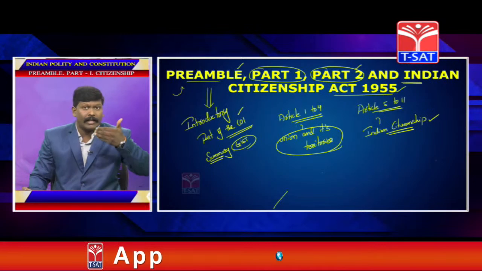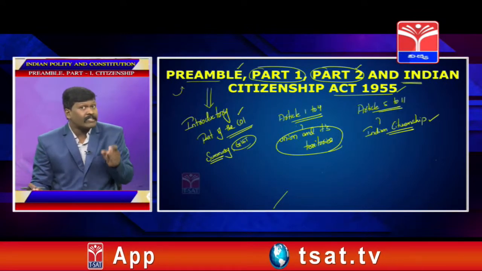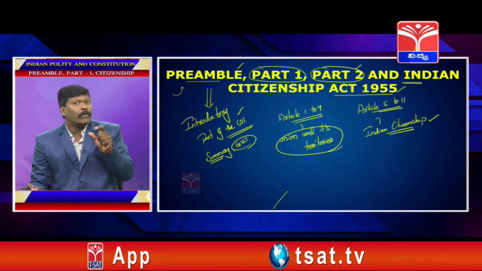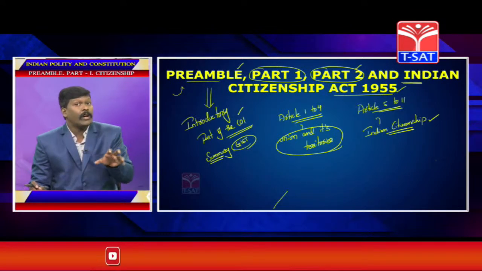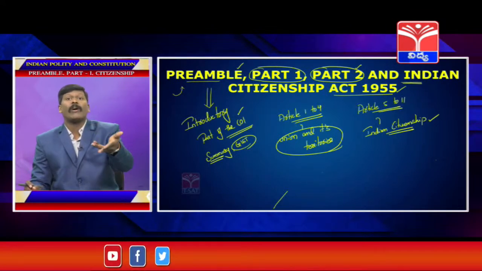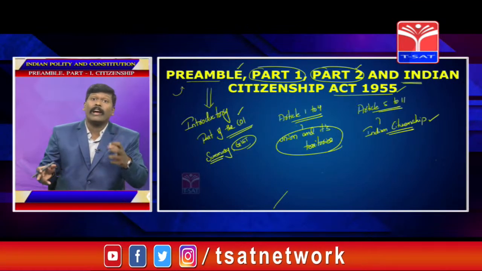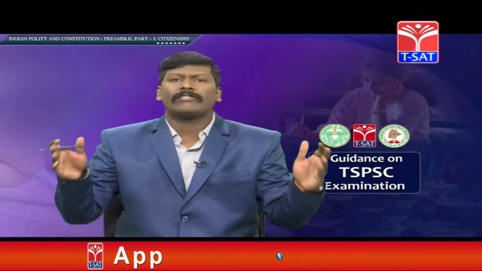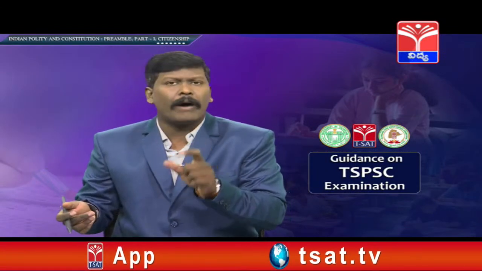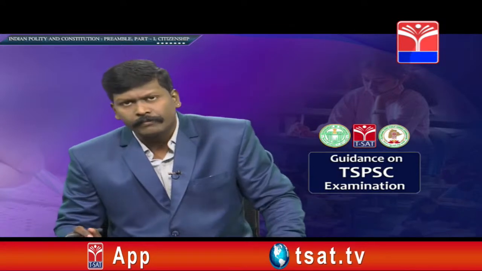This is called reverse migration. What is the status of an Indian who is not in India when India got independence? Who has the authority to regulate Indian citizenship after 1950? All these things are discussed in Part 2 of the Constitution.